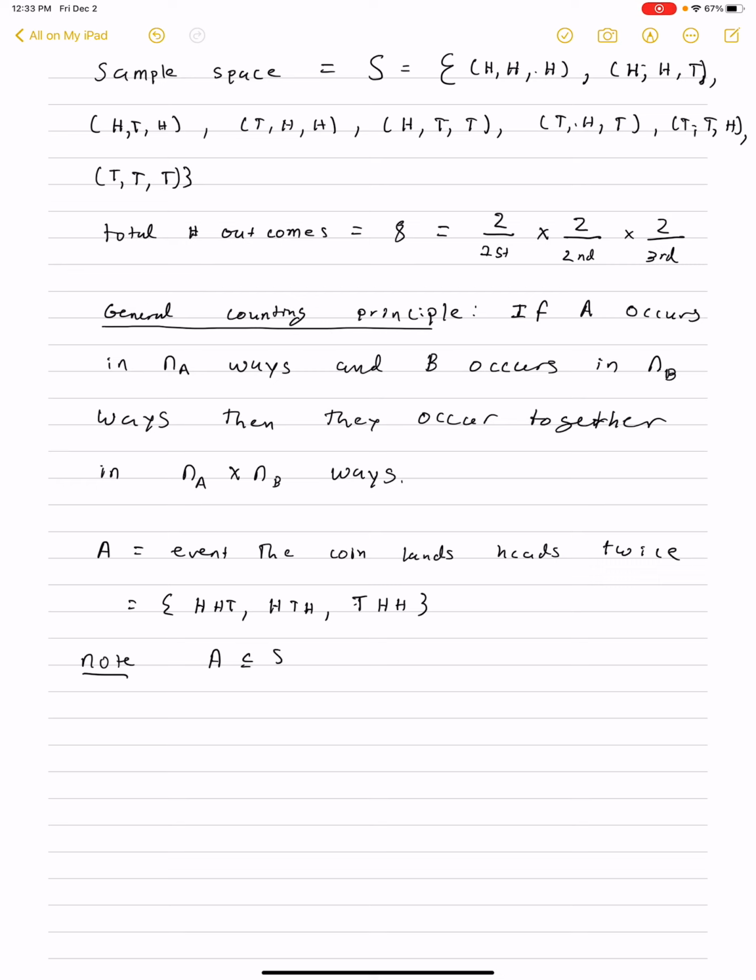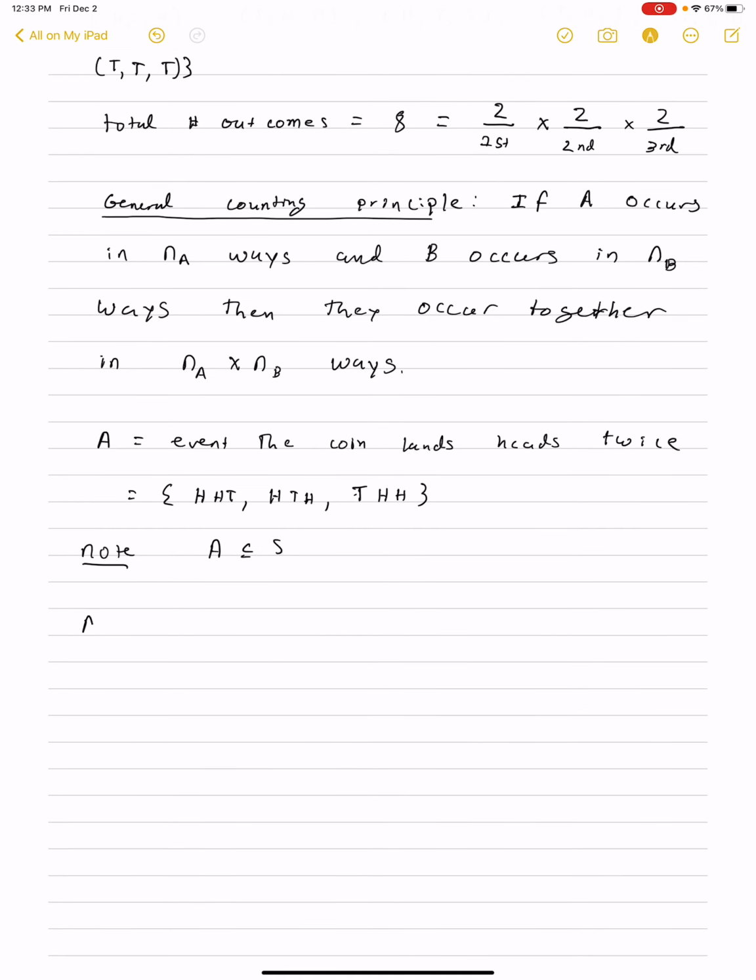It's a subset because every member of A is also a member of S. Well, now we can answer that first question. The probability of A has three outcomes, so the numerator is 3, the denominator is 8. It's 3/8.